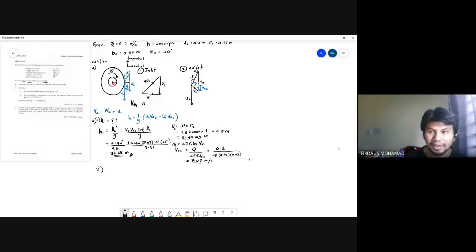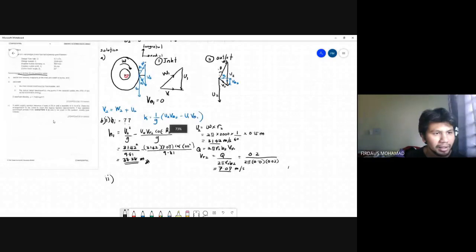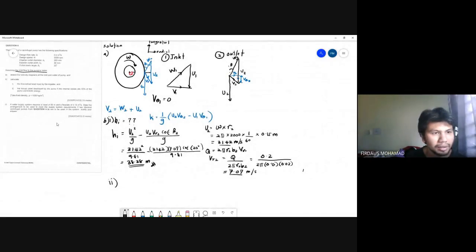Okay. So B2. Calculate the actual head developed by the pump if the internal losses are 50% of the pump exit kinetic energy. Okay, so now the question asks you to find the actual head if the only losses considered is 50% of the pump exit kinetic energy.